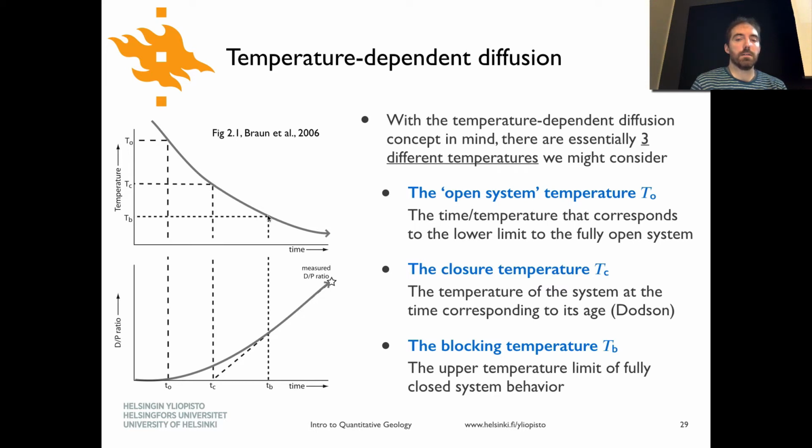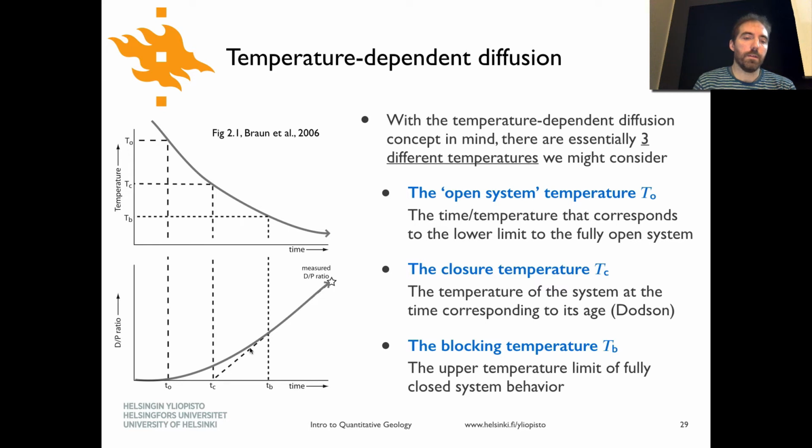And then TB is what's sometimes called the blocking temperature, where all of the daughter product is being trapped within the crystal. And so you can see the ratio of the daughter product and the parent along the bottom. It's basically 0 above TO, and it's a linear relationship above TB, and then there's this transition in between.